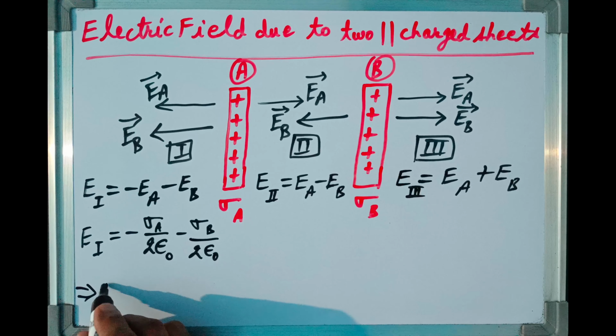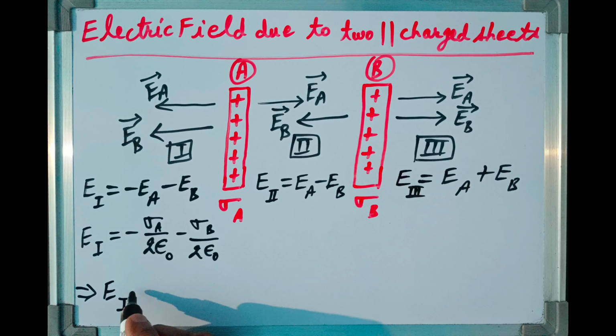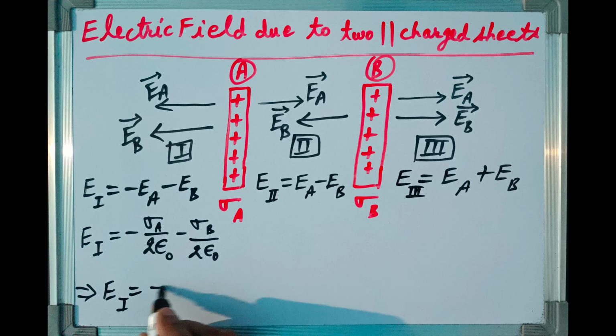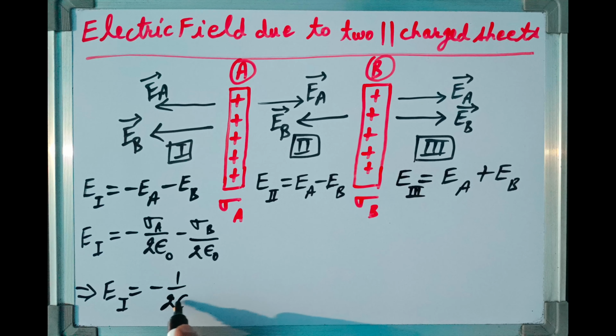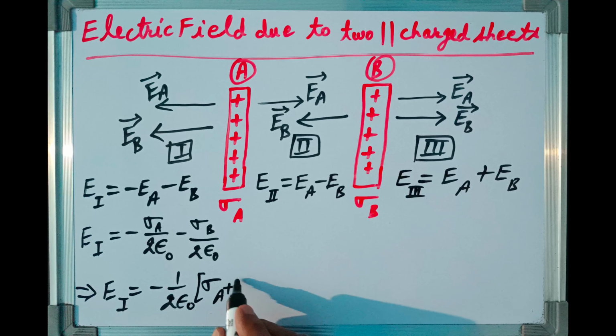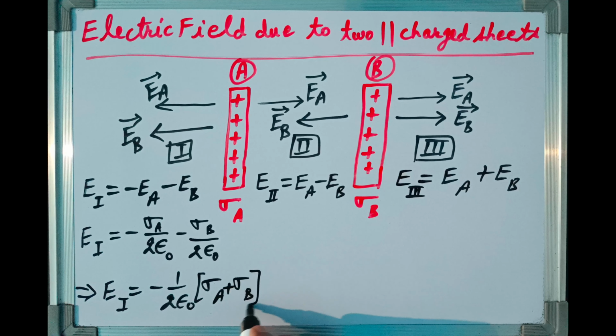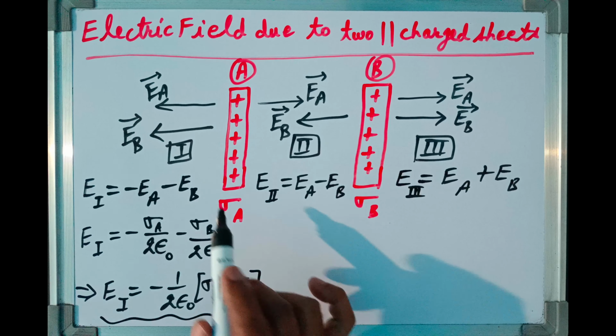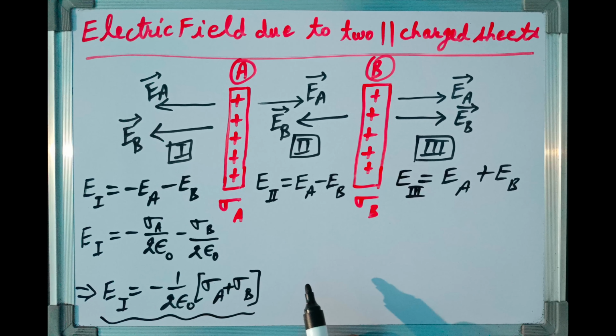After simplification, I can write electric field in the first case in this portion as minus 1 upon 2 epsilon naught multiplied by sigma A plus sigma B. This is how we can derive the expression for electric field on left hand side of sheet A.